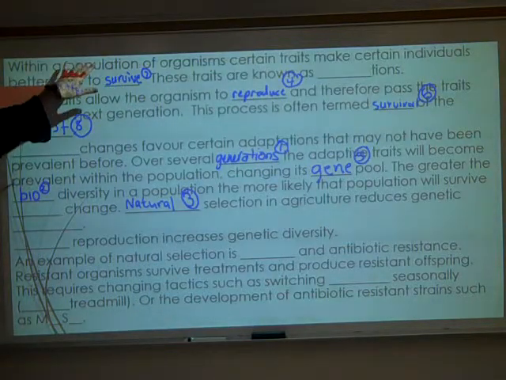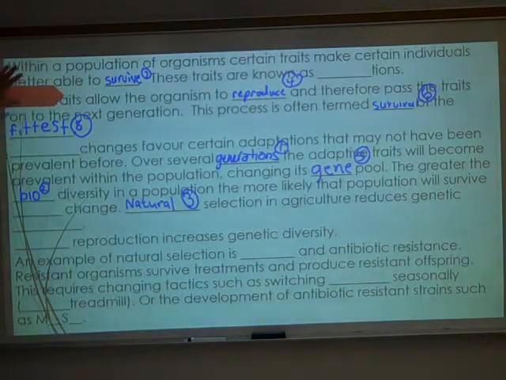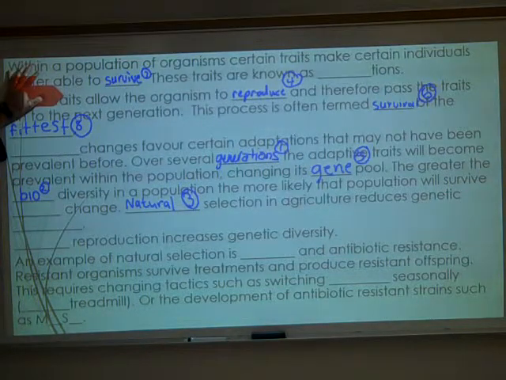It changes a population of organisms by basically filtering out the weaker organisms, the ones that are not as well adapted. Either they don't survive till they get to reproductive age, or once they get to reproductive age, they don't get to mate or mate less than more successful organisms, and therefore their less adapted genes do not get passed on to the next generation.